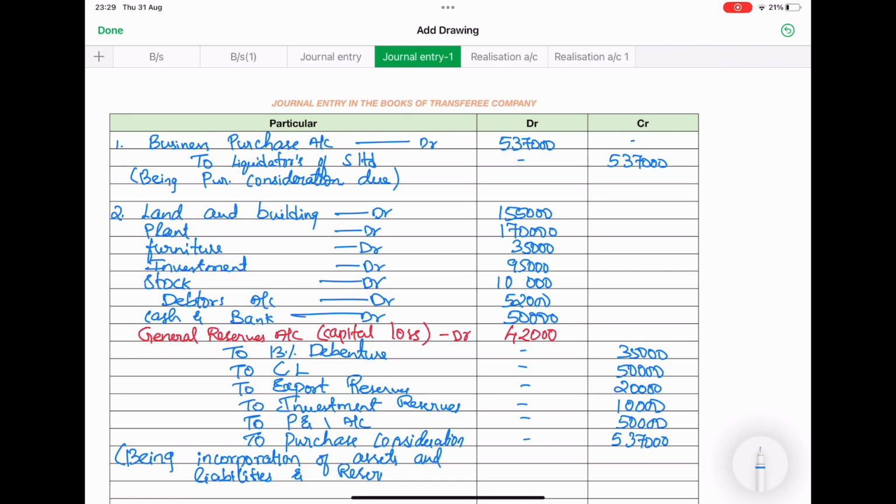Reserves. So these two entries we have passed. How much balancing figure we had? 42,000, isn't it? All clear? I think so. Next two entries we are going to pass. If you had taken any debentures, then we are going to pass that entry.